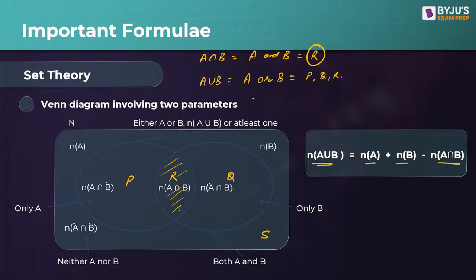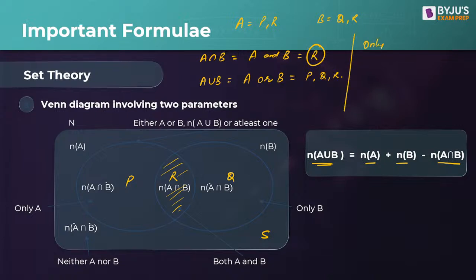Now, if I want to find the entire region A, everything that comes under A, that will be the region P and the region R. Similarly, for parameter B, it will be the region Q and the region R, where R is the common portion in these regions. Likewise, you need to understand what all these regions cover.